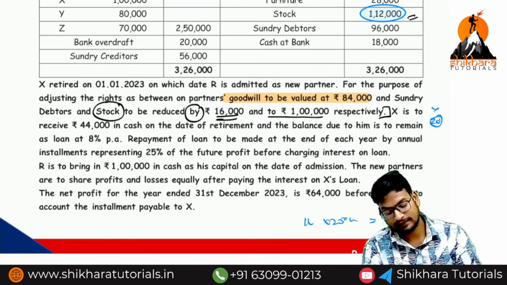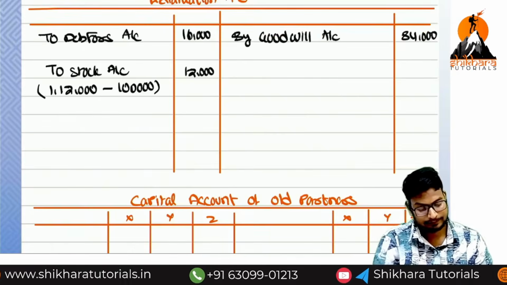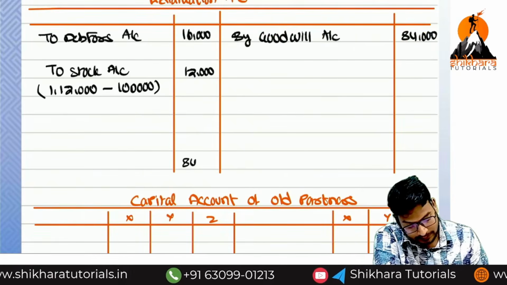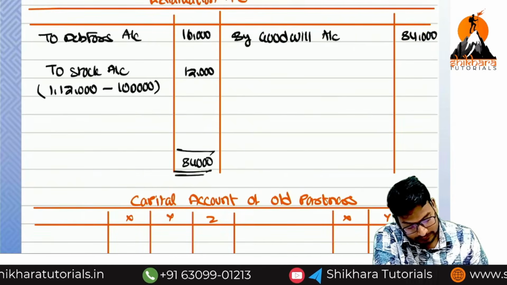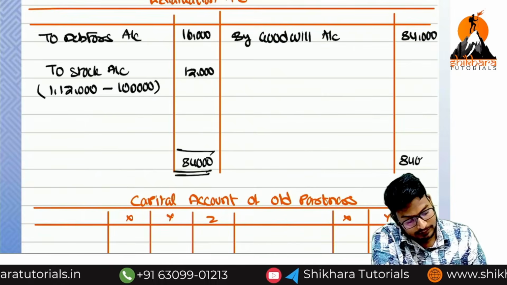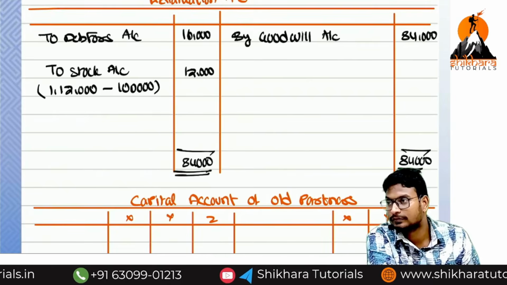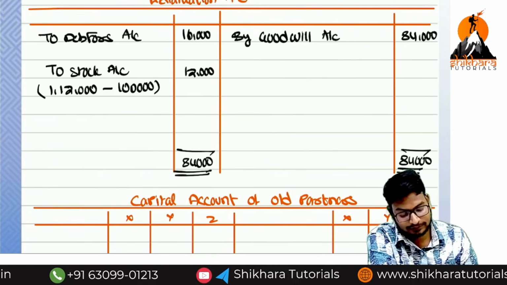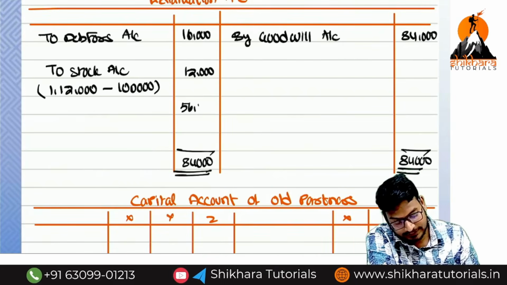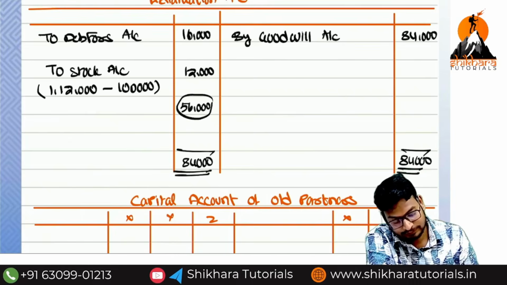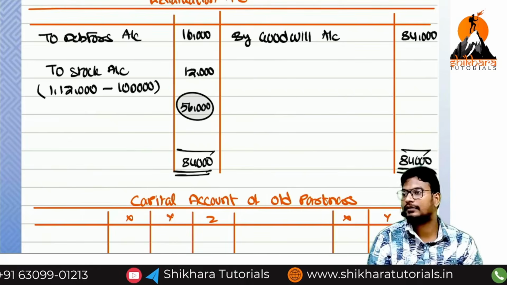So what is the balance amount, Amma? Total 84,000 and total 84,000. What is the balance amount? 56,000. You can respond slowly, okay na? 56,000. So who are the existing partners, Amma?